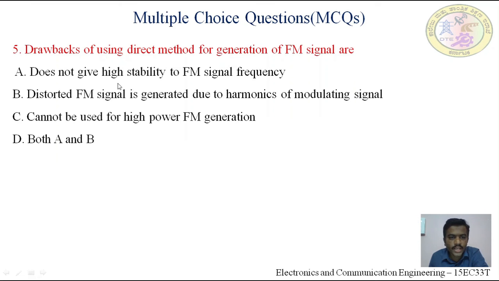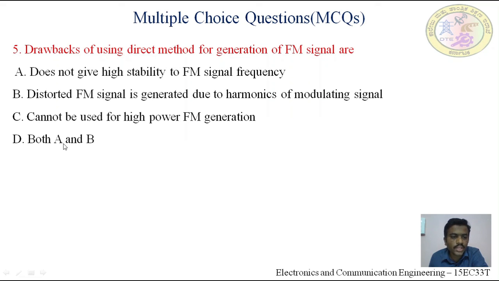Question 5. Drawbacks of using direct method for generation of FM signal are options: A. Does not give high stability to FM signal frequency. B. Distorted FM signal is generated due to harmonics of modulating signal. C. Cannot be used for high power FM generation.